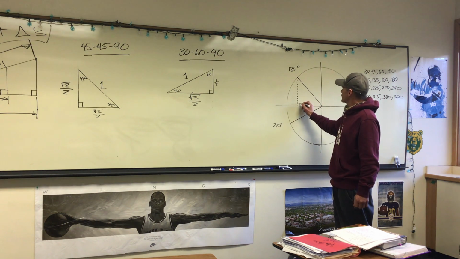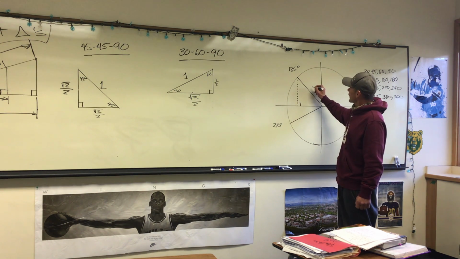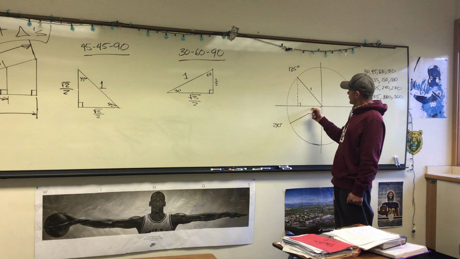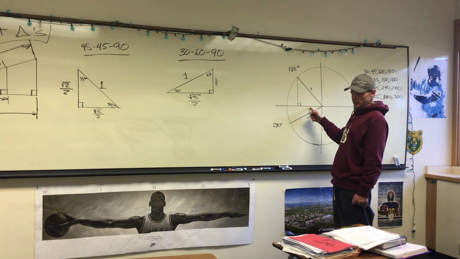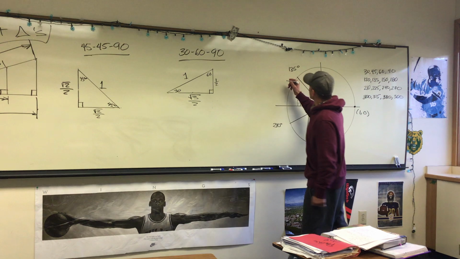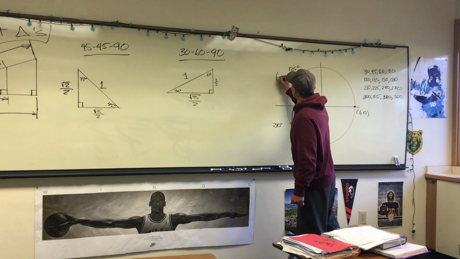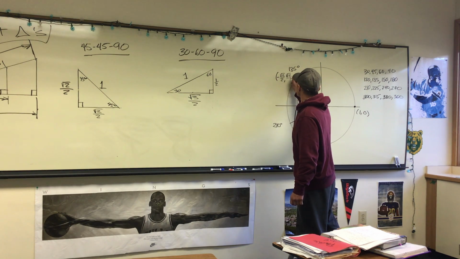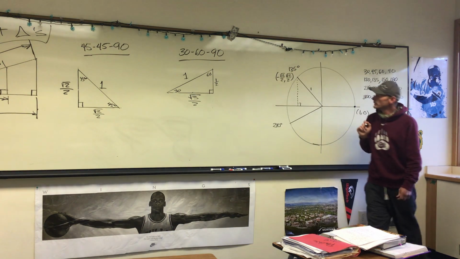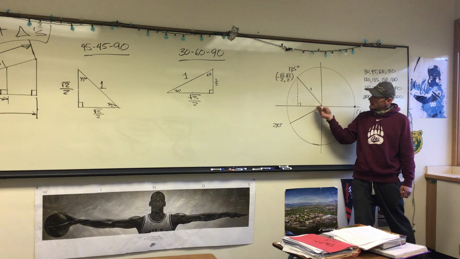Oh, it's a 45, 45, 90. And our hypotenuse is 1, so we know that this side is square root of 2 over 2 length, and so is this one. And the coordinates there then are going to be minus square root of 2 over 2, positive square root of 2 over 2, because that's its coordinates, right?